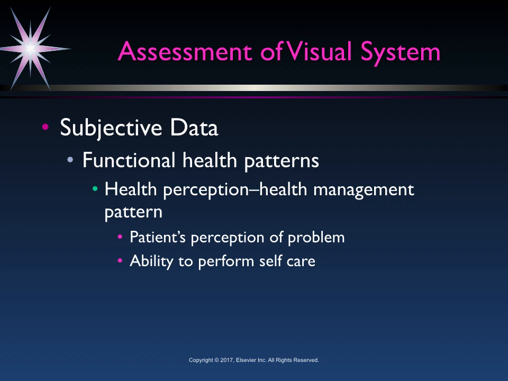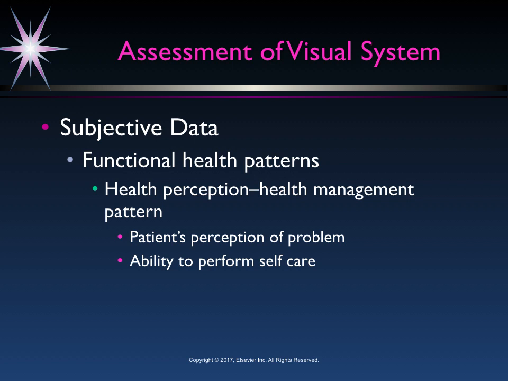For instance, men are more likely than women to have color blindness, and the leading cause of blindness among African Americans is glaucoma. And if you think about it, that's often related to the incidence of high blood pressure in African Americans. Older individuals are also at higher risk for glaucoma.